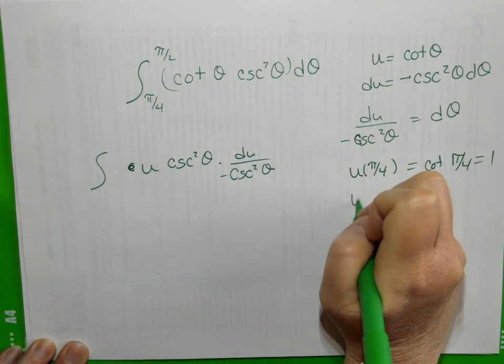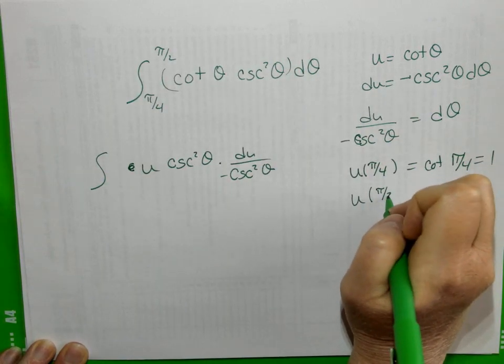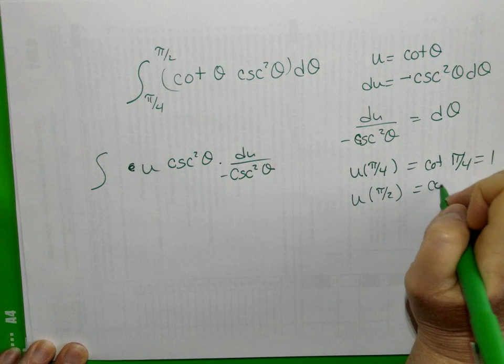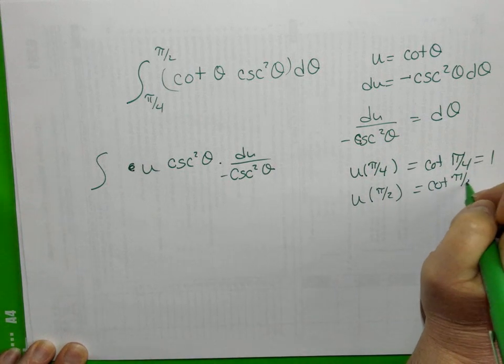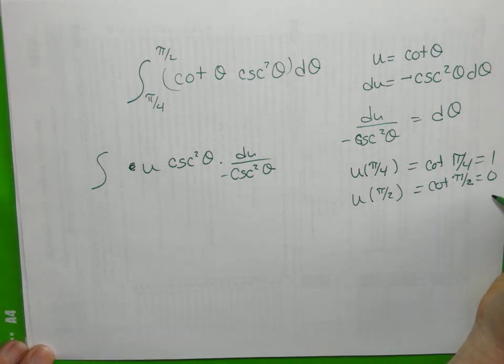And I have to find u of pi over 2. The cotangent of pi over 2 is 0. I'm using my unit circle. We're fine. Okay, so far so good.